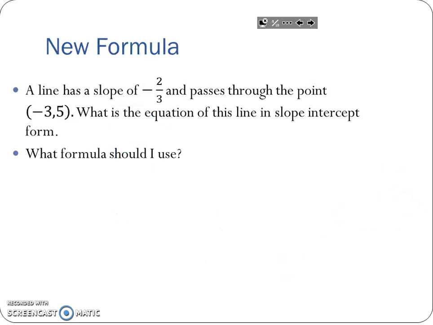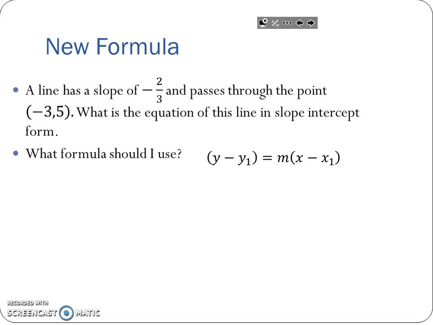So starting out, a line has a slope of negative 2/3 and it passes through the point negative 3, 5. What's the equation of this line in slope-intercept form? So I have a slope and I have a point, which tells me that I want to use point slope form. So y minus y sub 1 equals m times x minus x sub 1.